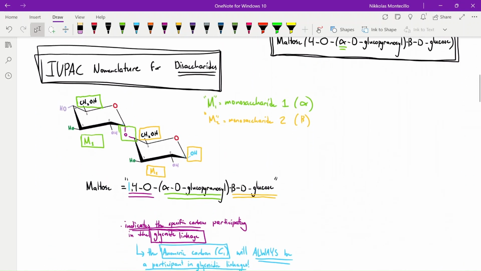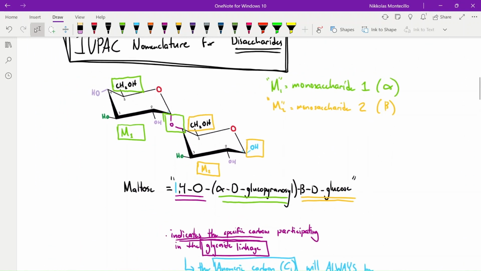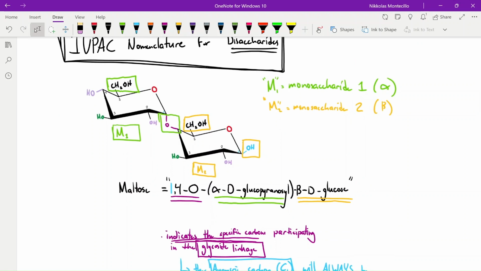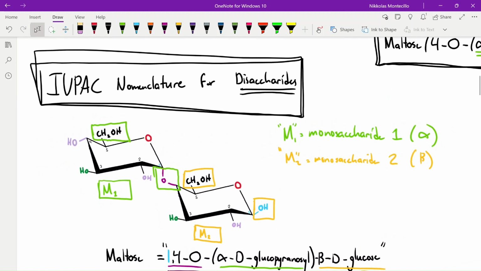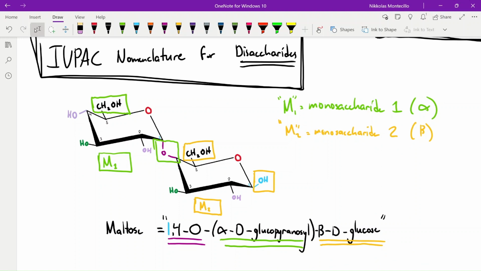So let's go through the IUPAC nomenclature for disaccharides. We can see here, as I've already described, that for maltose, we assume that the IUPAC nomenclature is 1,4-O-alpha D-glucopyranosyl beta D-glucose.